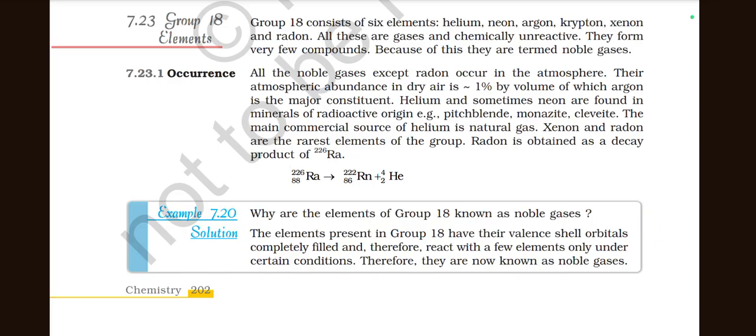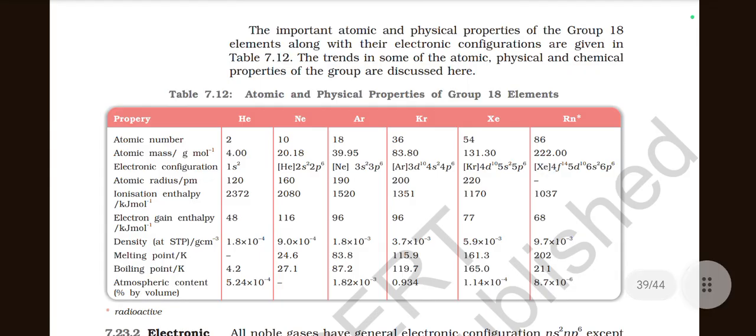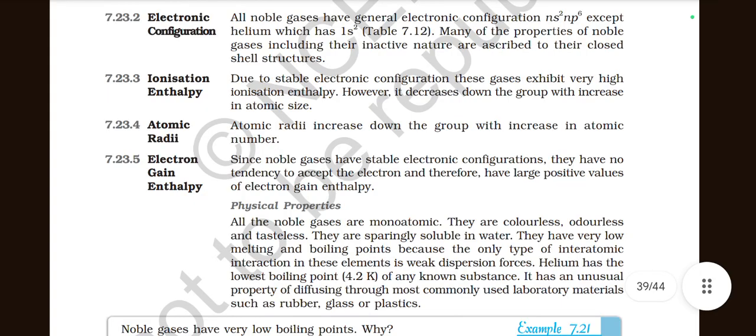The important atomic and physical properties of group 18 elements are shown in Table 7.12. The trends in some atomic, physical, and chemical properties are discussed as well. Electronic configuration: it is 1s2, ns2 np6 except helium, which has 1s2. Many of the properties of the noble gases, including their inactive nature, are ascribed to their closed shell structure. Ionization enthalpy.